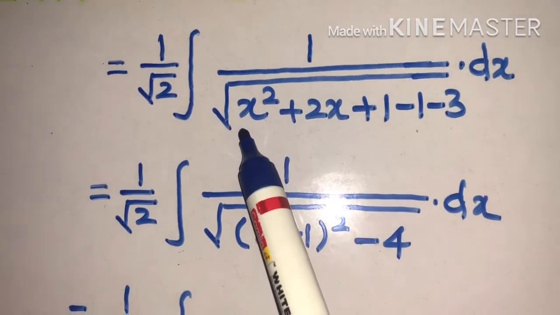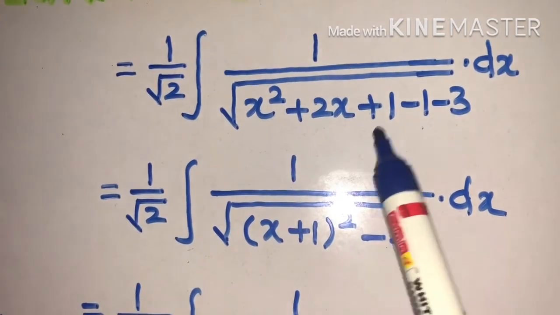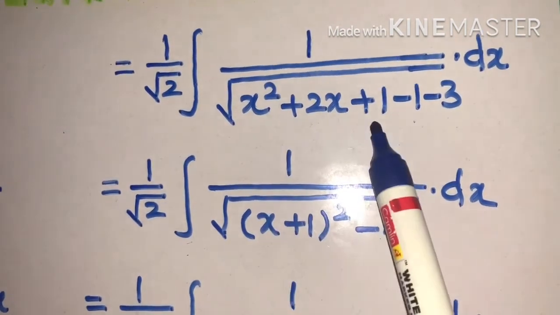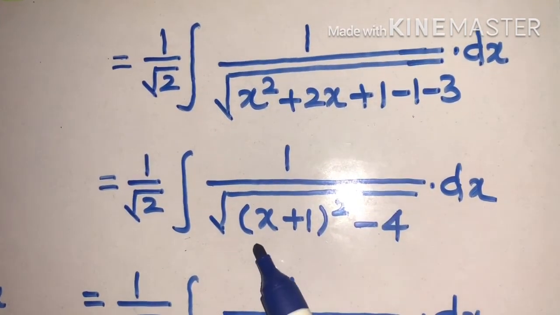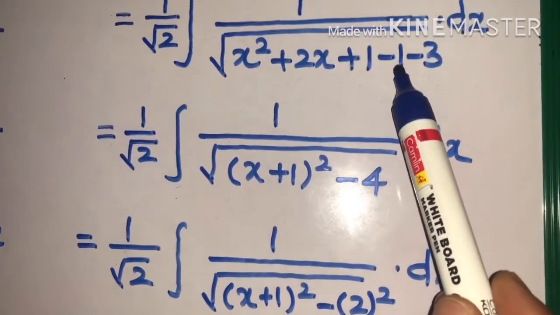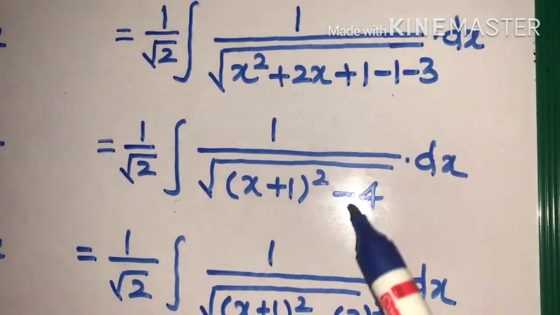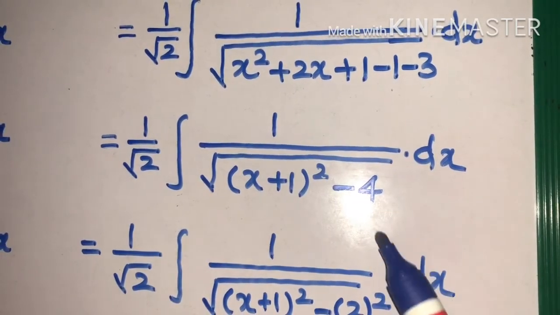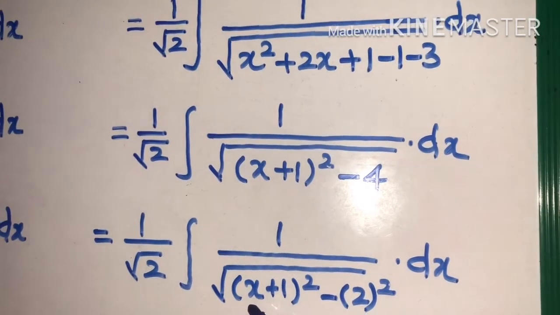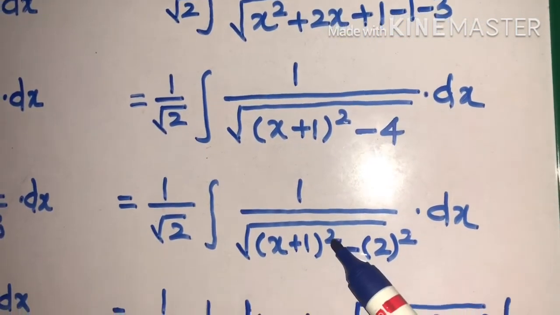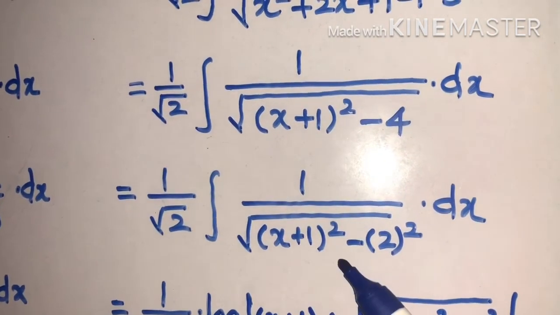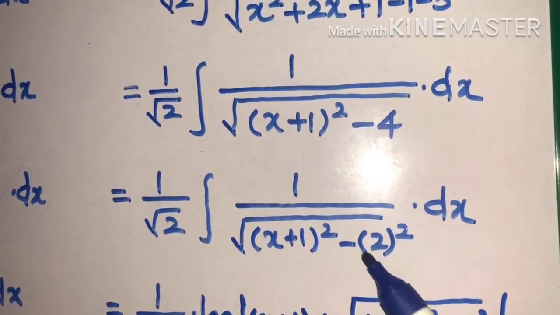When you make the pair of this one and the last two terms, it will be like a perfect square, that is x plus 1 the whole square, and when we simplify minus 1 minus 3, it will become minus 4. Now this 4 I can write as 2 square, and this is as it is x plus 1 the whole square. So it is in the form of 1 upon root x square minus a square. That is your second result.